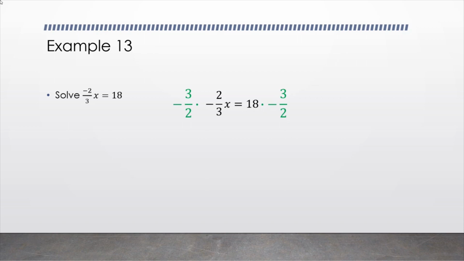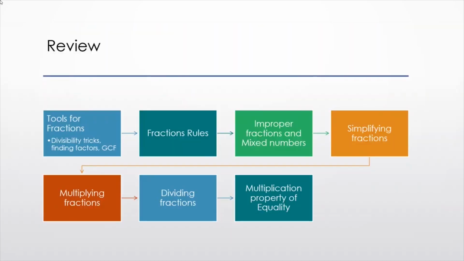Negative 3/2 times negative 2/3, that's just going to give you 1. And then on the other side, because you can rewrite 18 as 18 over 1, the 2 cancels out with the 18, leaving you with 9. So I have 9 times negative 3 on that other side. And so 1 times x is just x, and then 9 times negative 3 would be negative 27. Done.